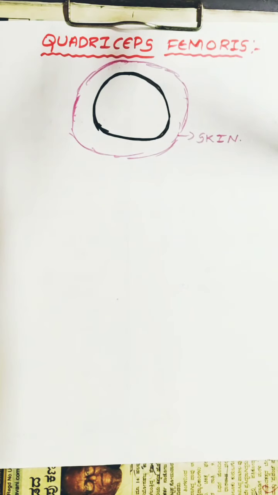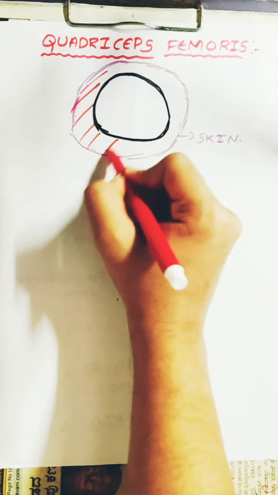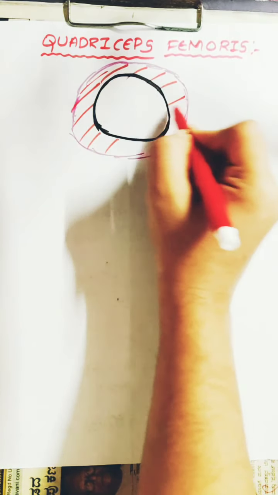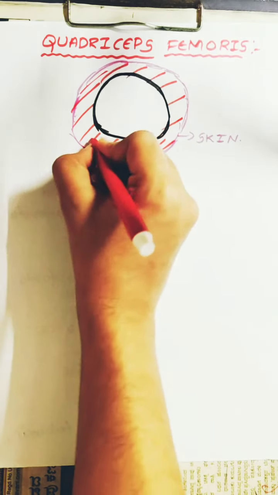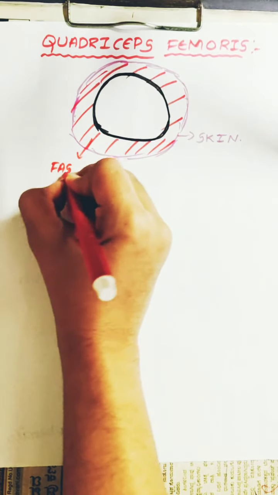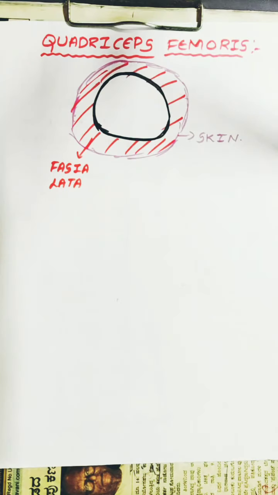Then, point to be noted, this area you can see here is called the fascia lata, which is present next to the skin.